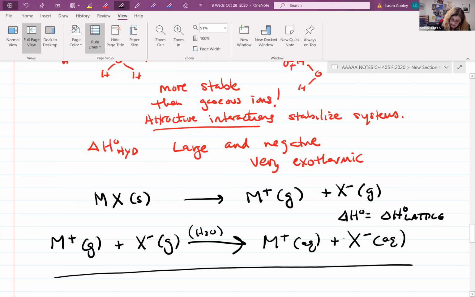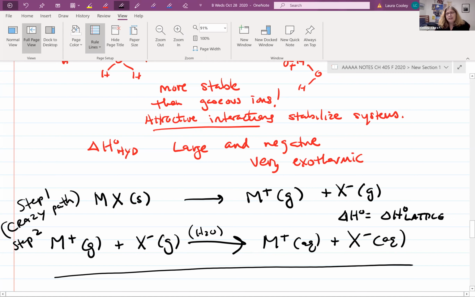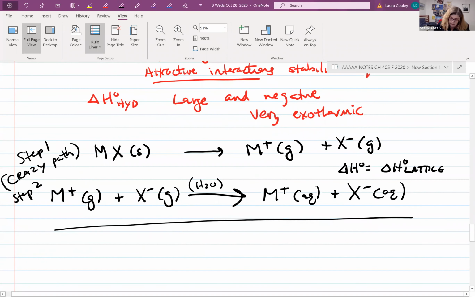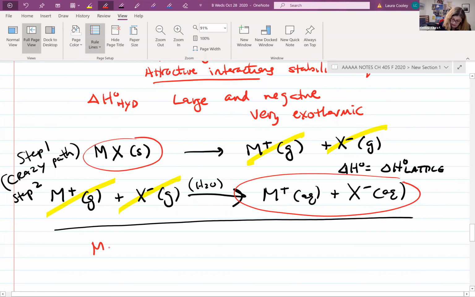And then if you add this up, so this is like step 1 and step 2 of this crazy path, but we don't care because we only have to do it on paper. Then, you know, these things cancel and you end up with taking the salt and putting it into water.